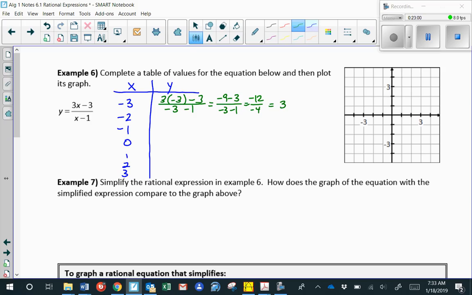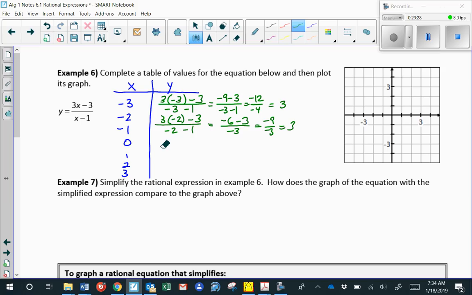We plug in negative 2. We get 3 times negative 2 minus 3 over negative 2 minus 1. It's going to give us negative 6 minus 3 over negative 3, or negative 9 over negative 3, which is positive 3.